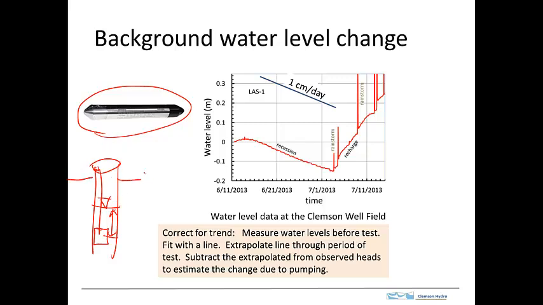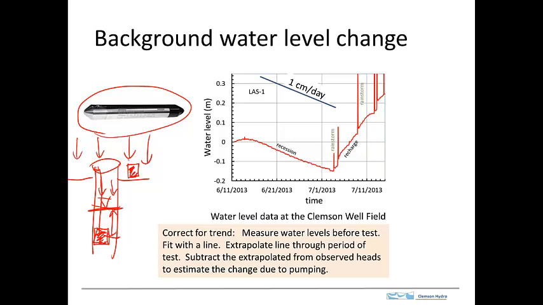And let's see, it's set up like this. So there's also the barometric pressure up here, and this transducer is sealed, and so it's measuring the total pressure, and that's a result of the depth of the water and the barometric pressure that's pushing down on it.